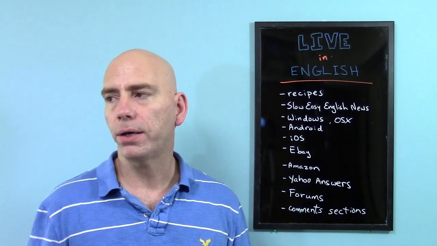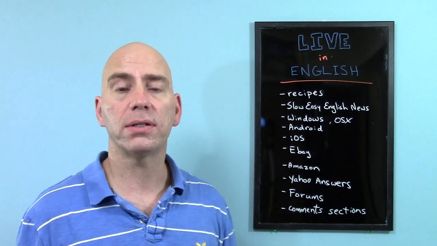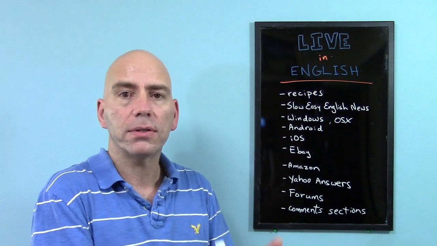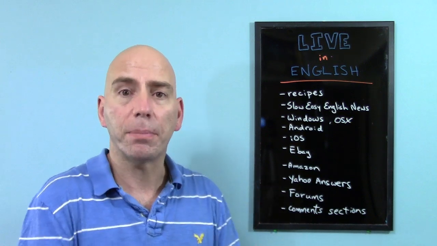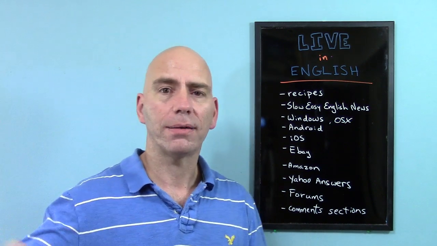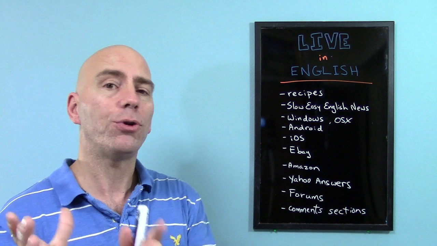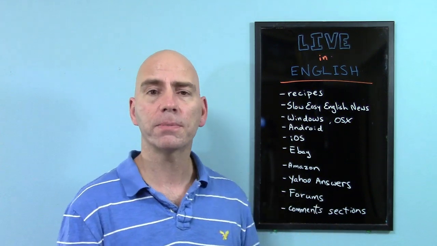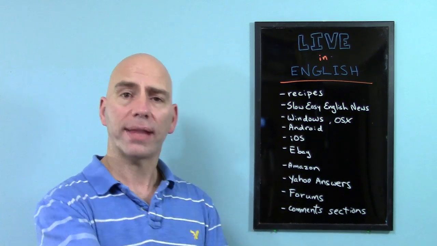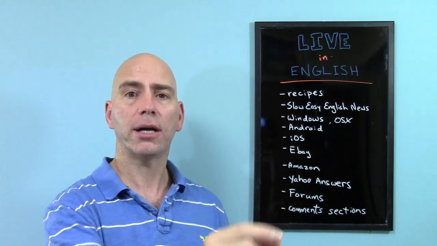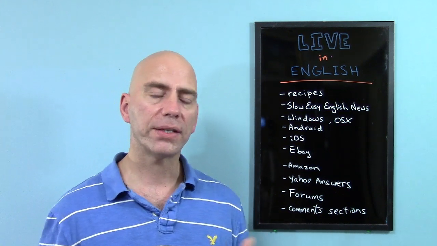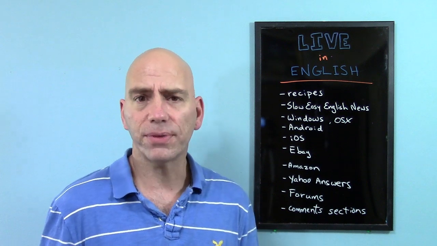So if you want to ask a question such as, how many milliliters are there in a US cup? Now, the truth is, you could probably find that answer on another website. But if you put that question up on Yahoo Answers, somebody will see that question and they will answer it for you. And they'll say, oh, in a US cup, there's 240 milliliters.